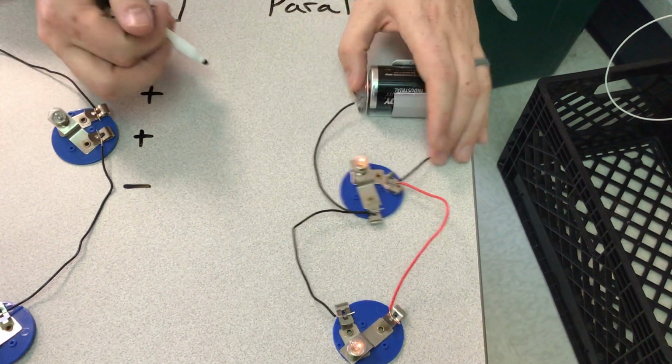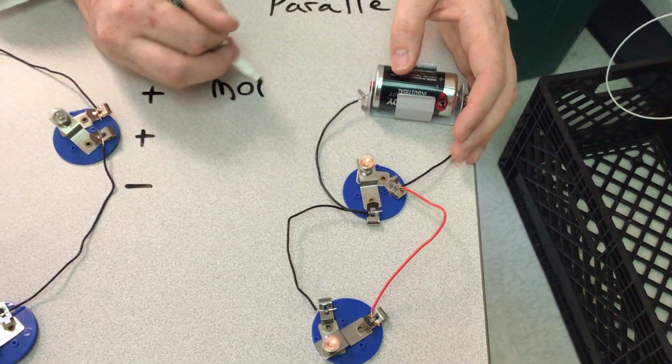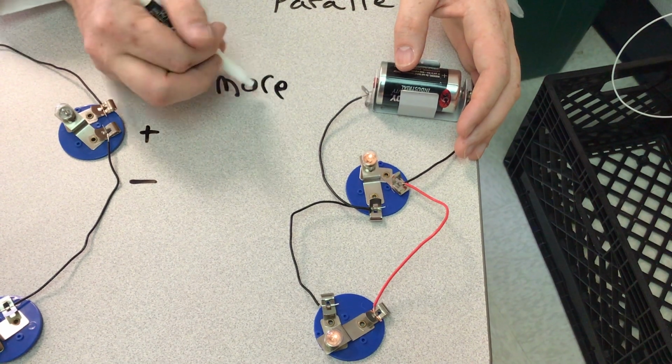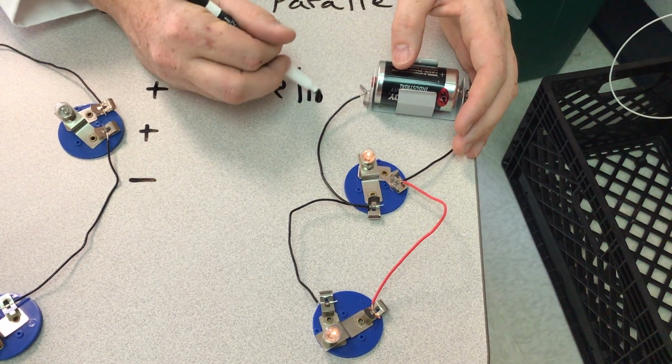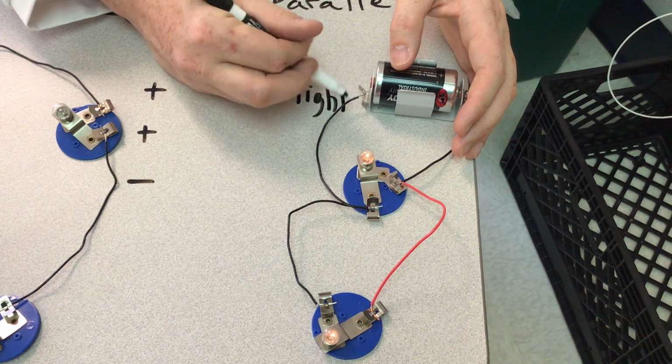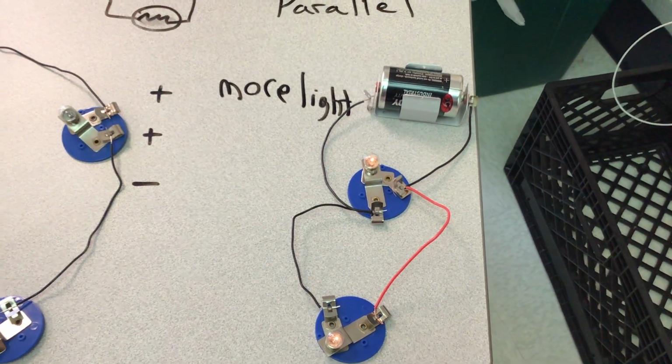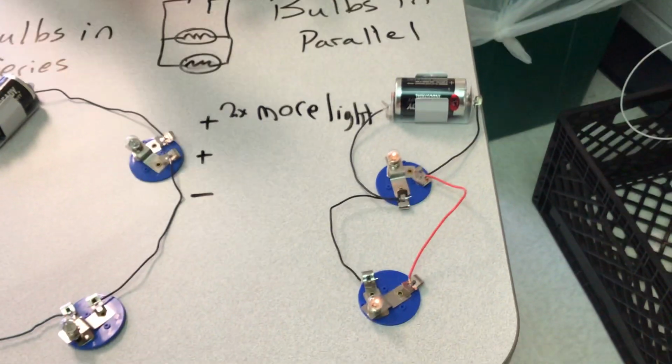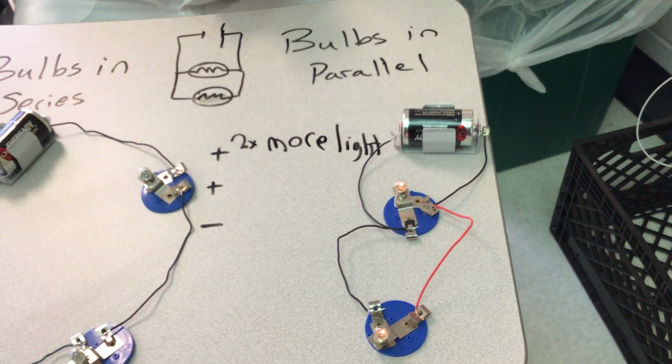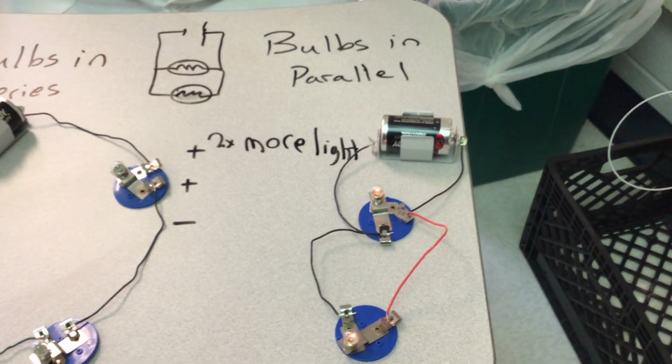Well, I think a positive is more light. And I did something poor. I didn't use a number. How much more light? I've got two times the number of bulbs at the standard brightness.